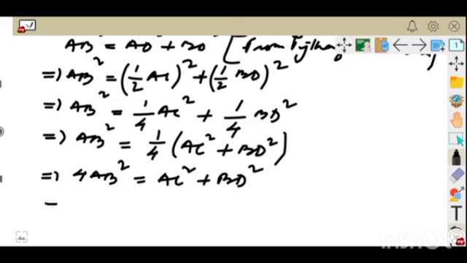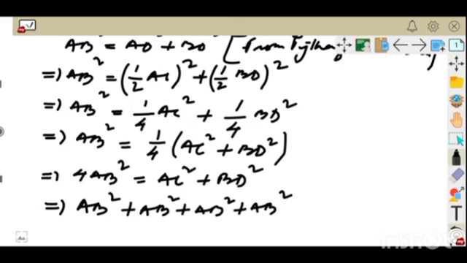Below this let me write AB square plus AB square plus AB square plus AB square, four times, equal to AC square plus BD square.